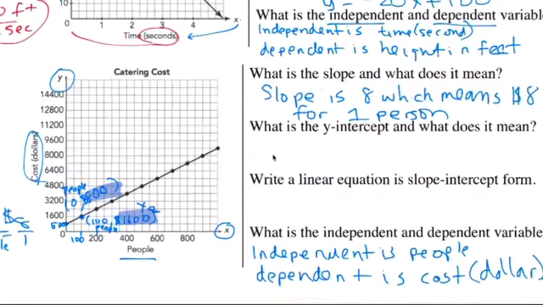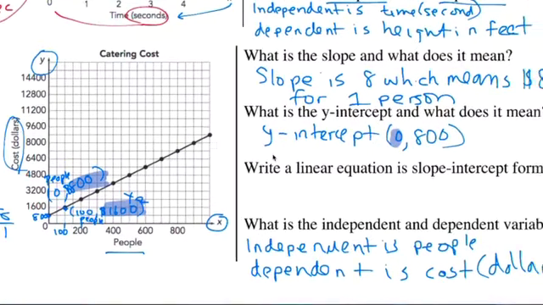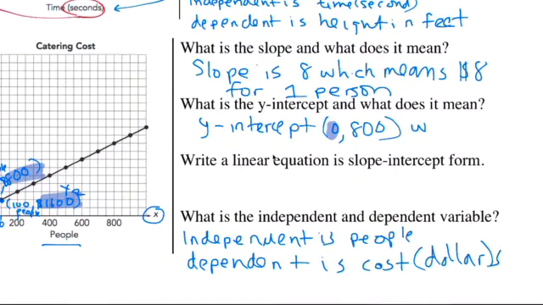The y-intercept always has 0. It's 0, 800. Notice the 0 means 0 people, $800.